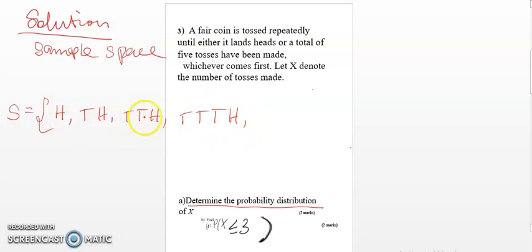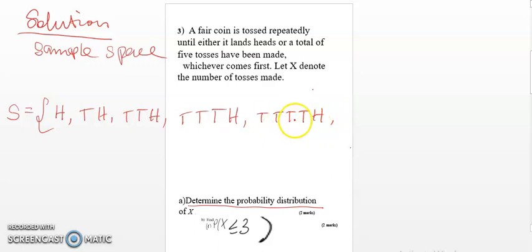This is 1, 2, 3, 4. But remember, we are going to toss 5 times. So let us do it again. If we toss again, we simply have tail, head.